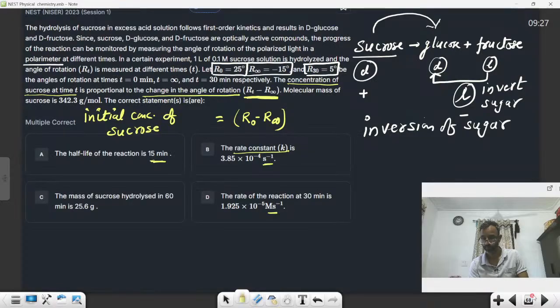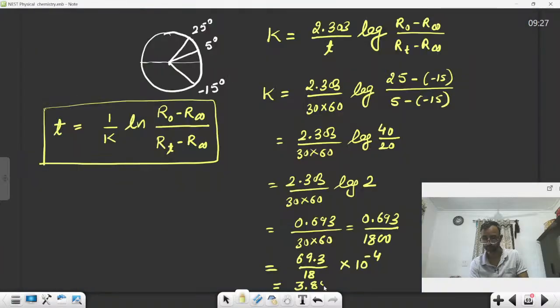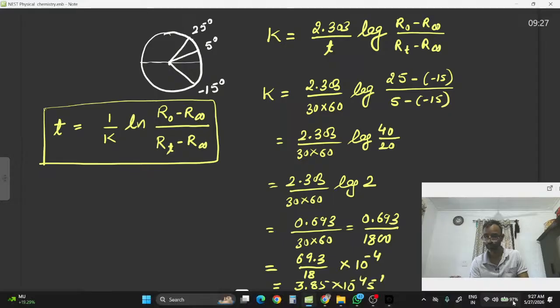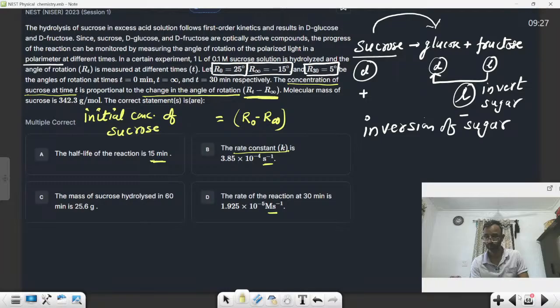It is 3.85, so it should be very close to this value. That means this statement is true.